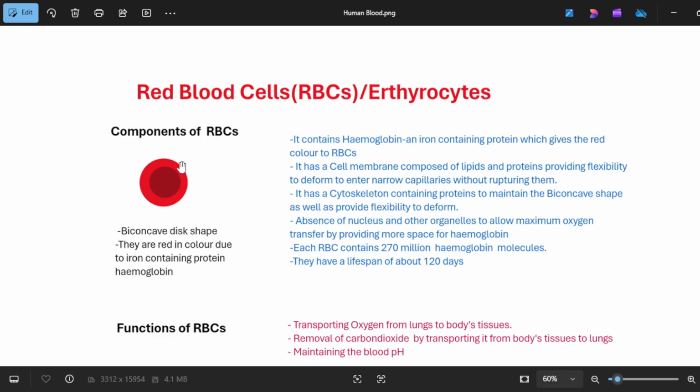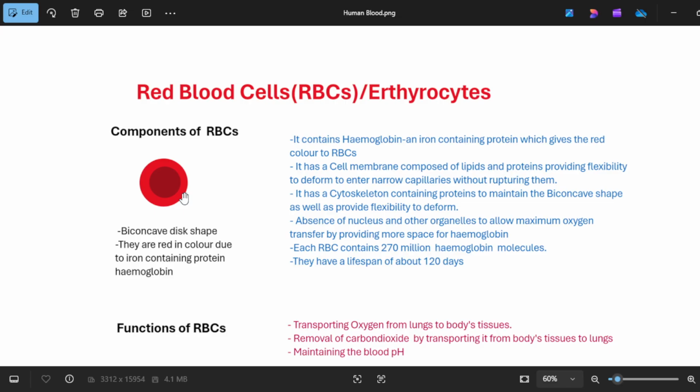It has a cell membrane made up of lipids and proteins so that it is flexible to deform, that means change shape, and enter very minute capillaries. Capillaries are very small blood vessels. To enter those capillaries, the cell walls are flexible, so it can squeeze itself into smaller blood vessels without affecting the capillaries.